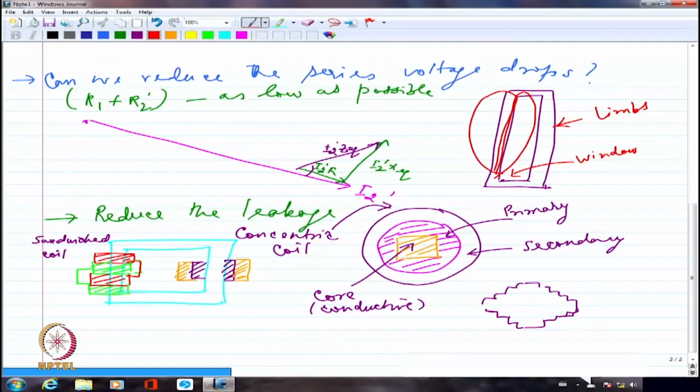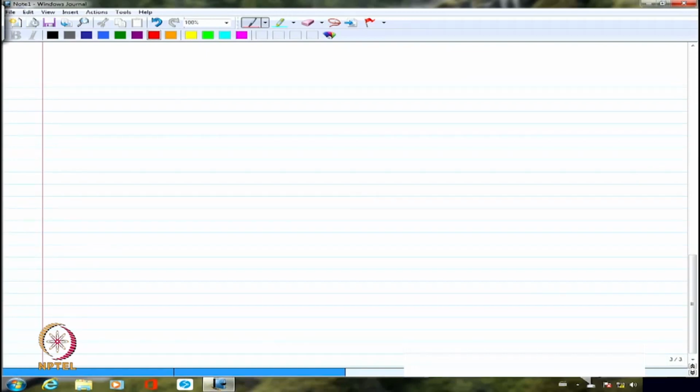So shell type construction reduces the leakage quite a bit. So these are four ways of reducing the leakage in a transformer. Fine? Now that we have seen the importance of R1, R2 dash reduction and X1, X2 dash reduction, let's try to see how to estimate the parameters or equivalent circuit parameters of the transformer.